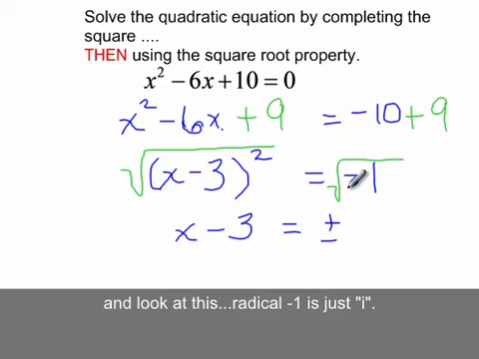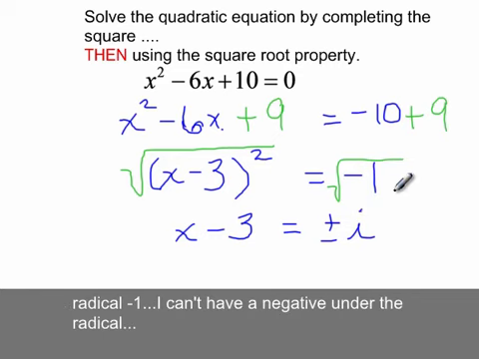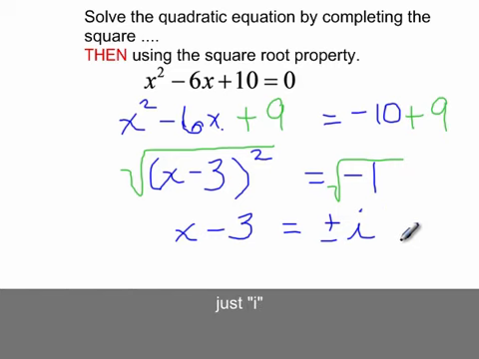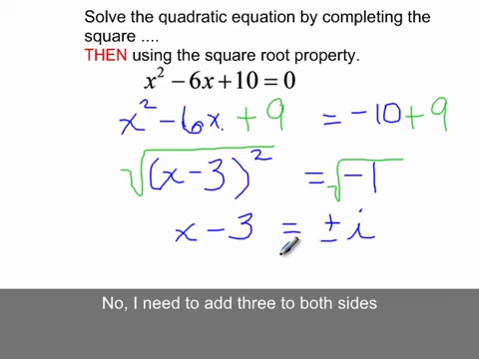And look at this. Radical negative 1, that is just i. Just i. Radical negative 1. I can't have a negative underneath the radical. Just i. Is x all by itself yet? No. I need to add 3 to both sides.